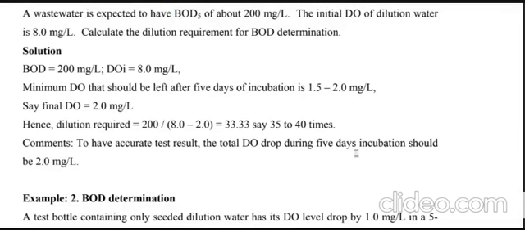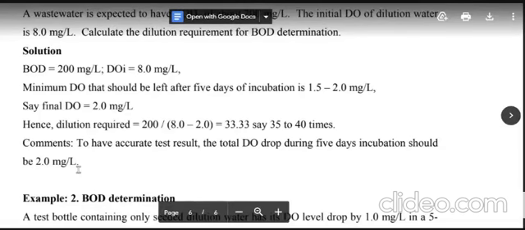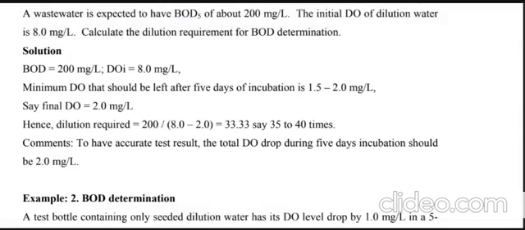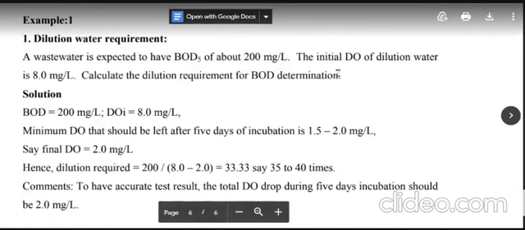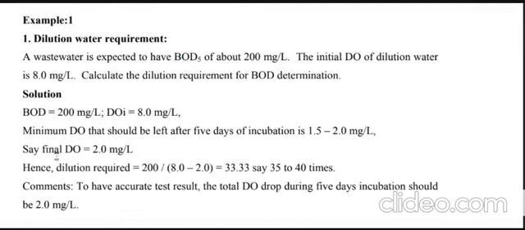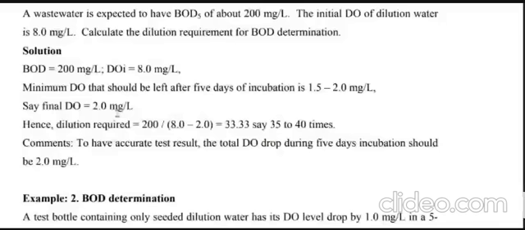The dilution for the 5 days we always took is around 2.0 milligram per liter. As it is not mentioned in this problem, that's why we are assuming this final DO. So the final DO is maximum 2 milligram per liter. We use the last formula to get the values.